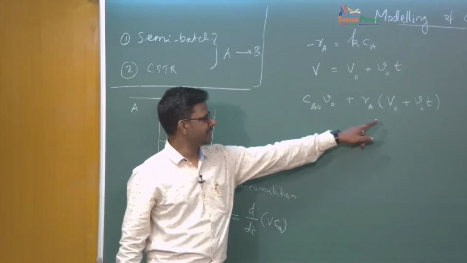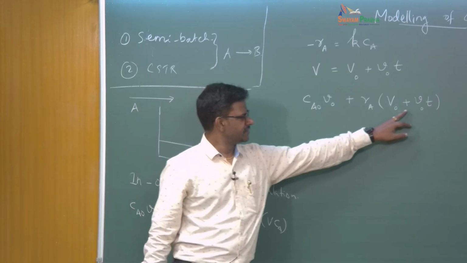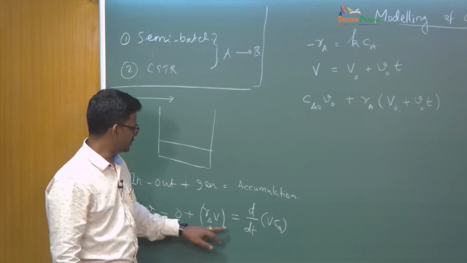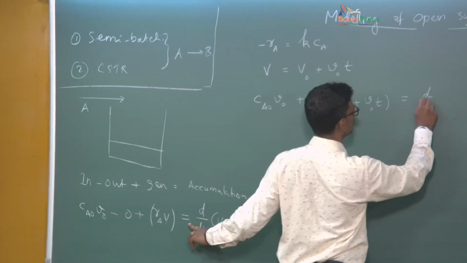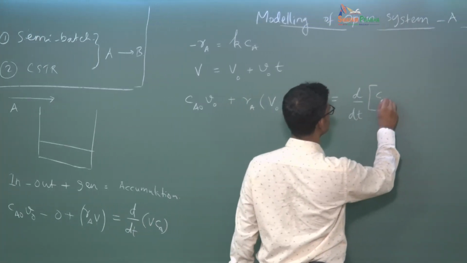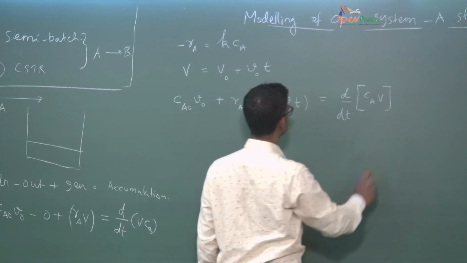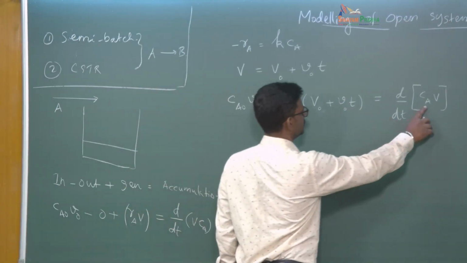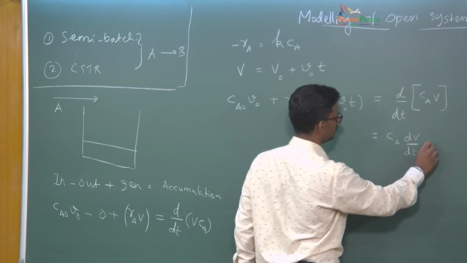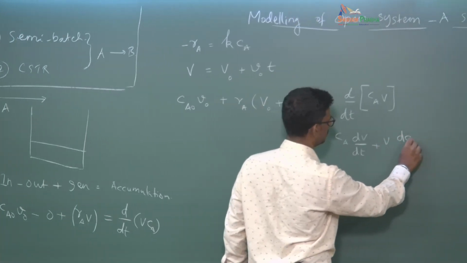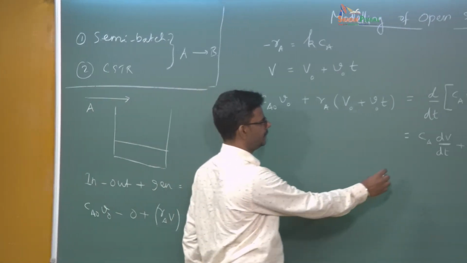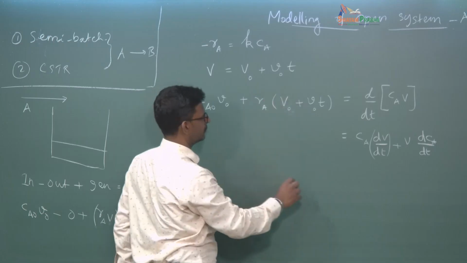I am using capital V naught for the initial volume of the mixture and small v naught as the volumetric flow rate of the incoming stream. So you got this. This you can write as Ca dV by dt plus V, and this dV by dt here is nothing but v naught.